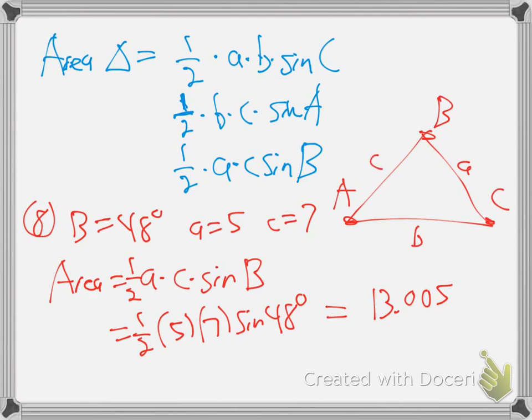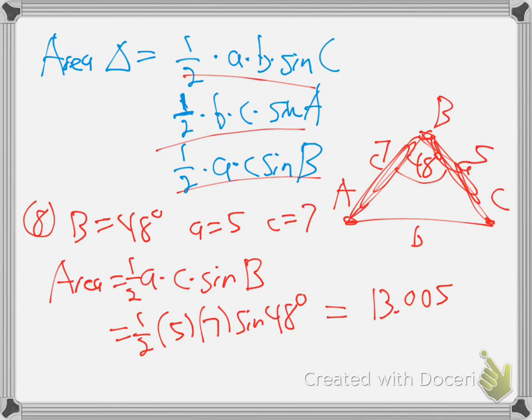Notice that they gave me little a is 5, little c is 7, and capital B is 48. See how it's the 2 sides and the angle in between them? You can use this formula, any of these formulas, for finding the area of the triangle. And it all just came from a half base times height.